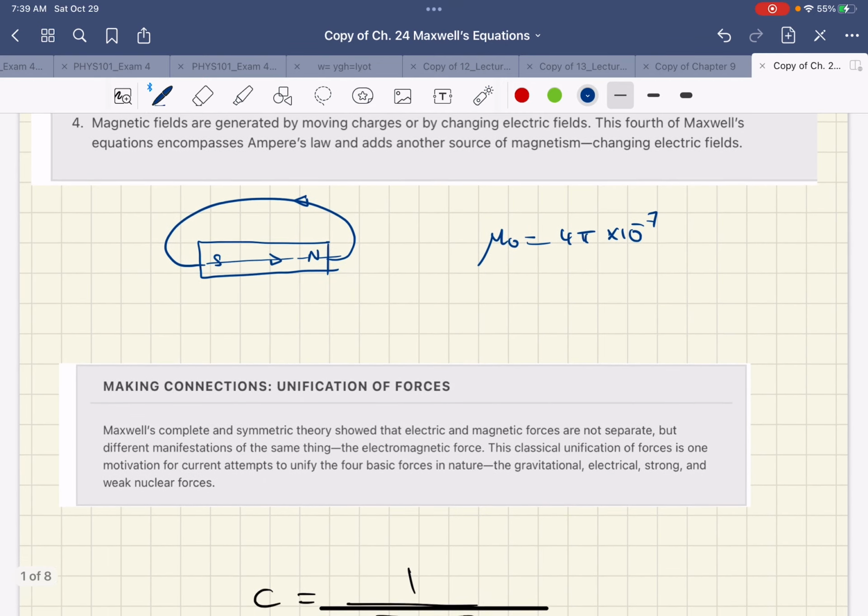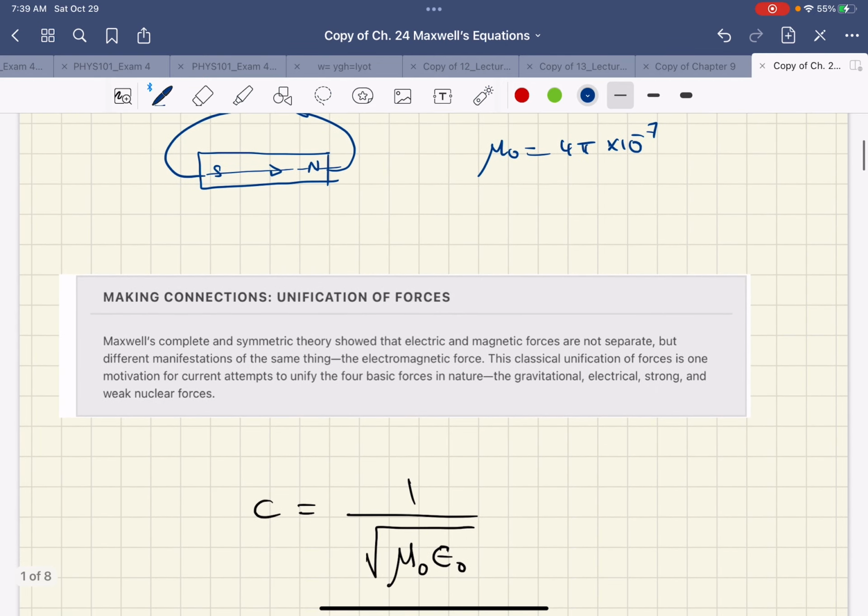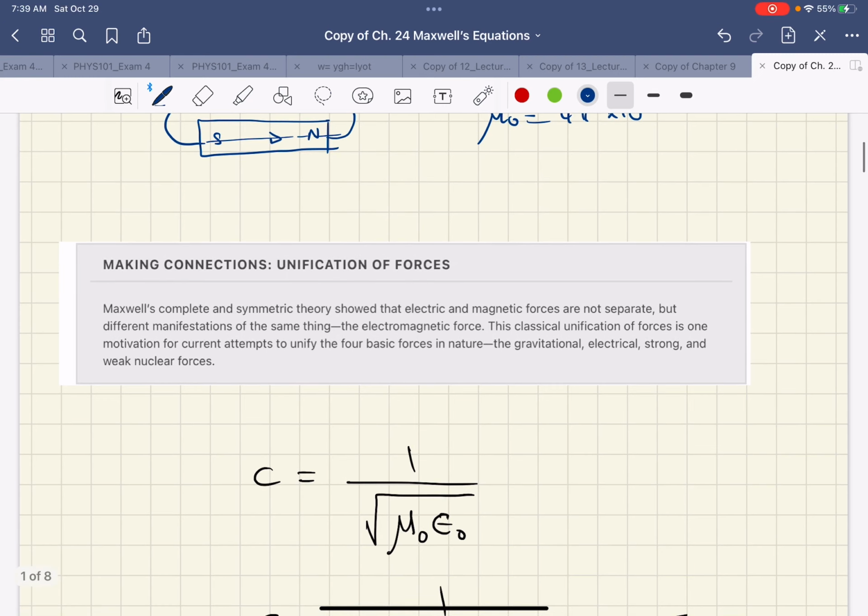All right, these are Maxwell's equations, and it's very important for us to find now how we can unify the magnetic force and the electric force in one equation. Maxwell did a complete and symmetric theory that shows that the electric and magnetic forces are not separate.